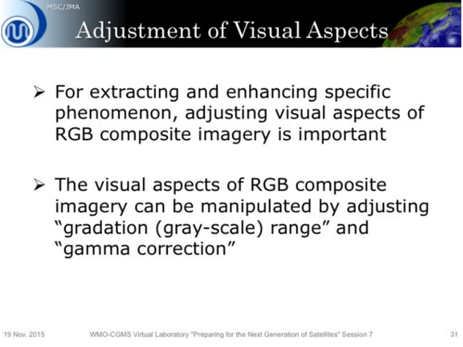The visual aspects of RGB composite imagery can be manipulated by adjusting the gradation range, or grayscale range, and gamma correction. Here I load RGB composite imagery, but this is also true for single band satellite imagery or difference imagery. In the following, I'll explain how to adjust the two parameters with examples.